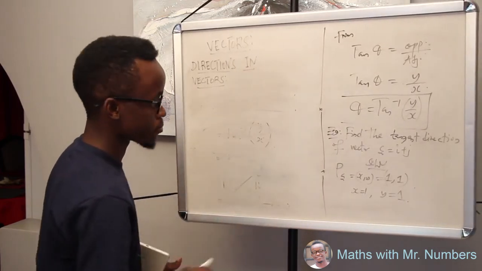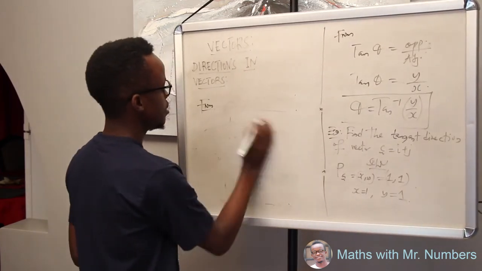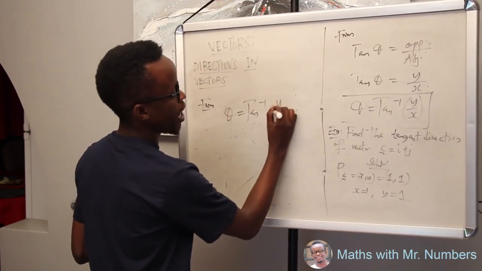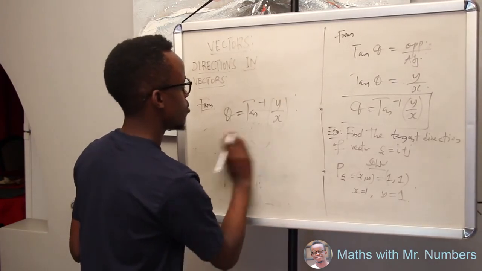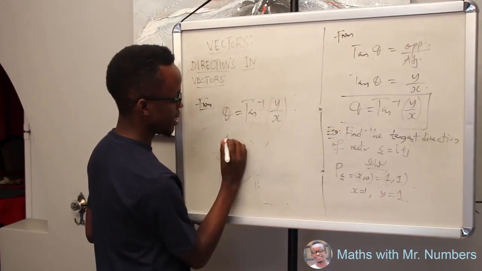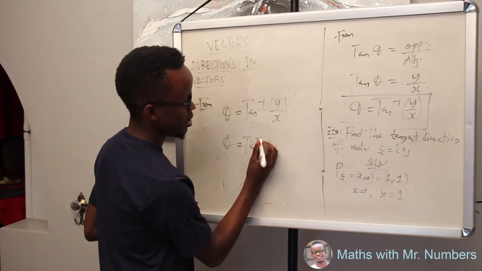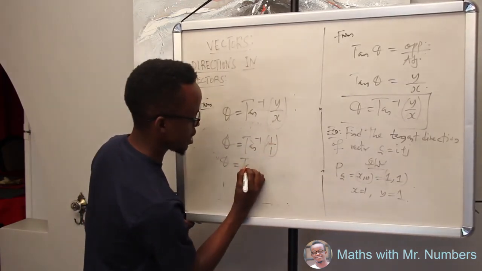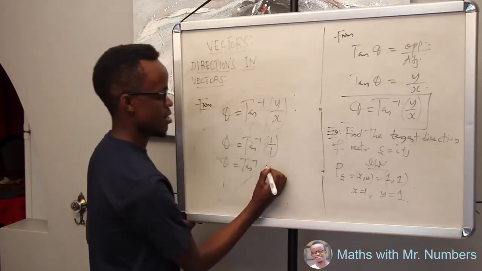Therefore, from theta equals tan inverse of y divided by x, theta equals tan inverse of 1 divided by 1, so theta equals tan inverse of 1.